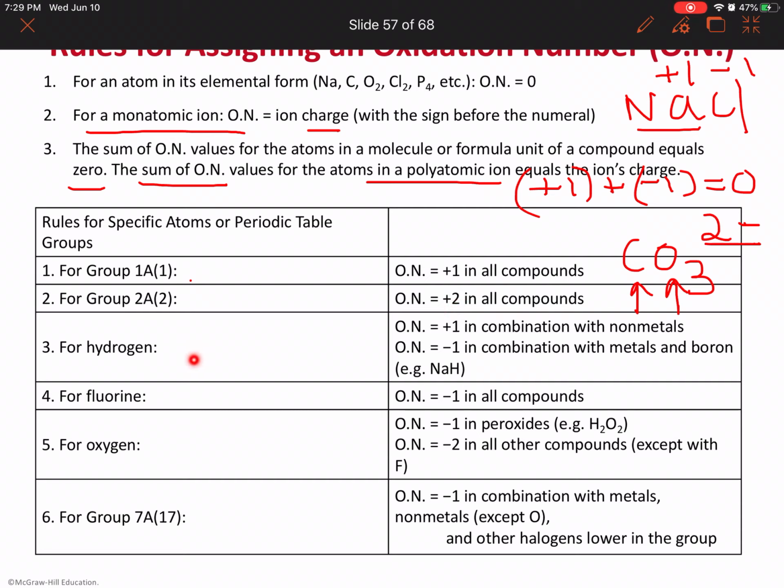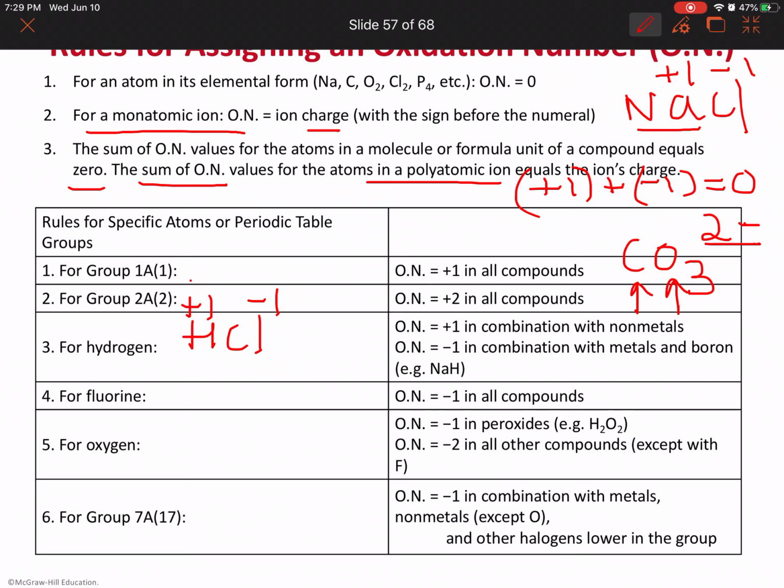And then hydrogen, in group 1, the first element, could be +1 or -1. If hydrogen is combined with non-metals, for example HCl, we know chlorine is -1, group 7. So with a non-metal, hydrogen would be +1.